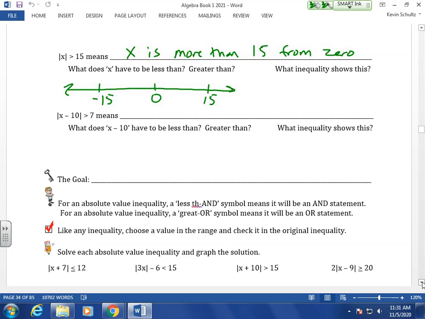Are you seeing where I'm going with this? Yes. Here's an or statement, right? For x to be more than 15 from 0, it's got to be one or the other. Beyond -15 on the negative side, or beyond +15 on the positive side. As an inequality, x is less than -15, or x is greater than +15.